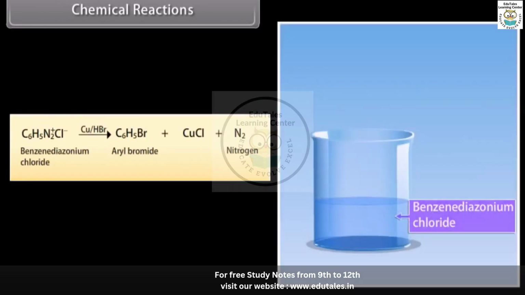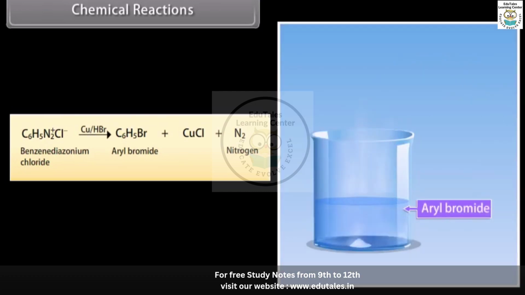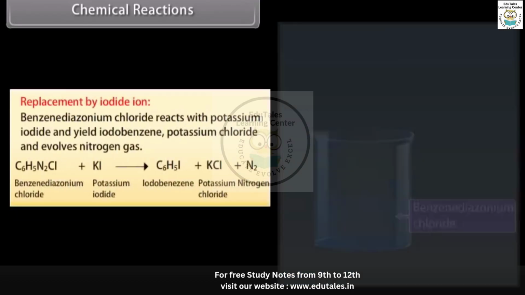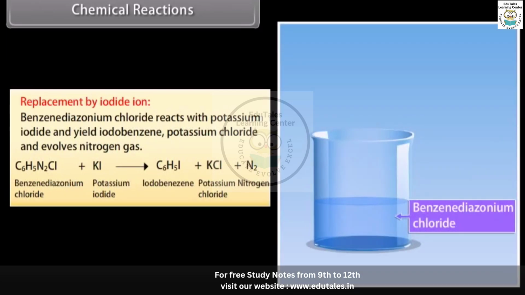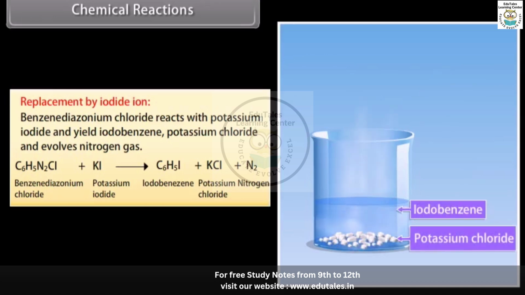With hydrogen bromide and copper powder, it yields aryl bromide, cuprous chloride, and liberates nitrogen gas. Replacement by iodide ion. Benzene diazonium chloride reacts with potassium iodide and yields iodobenzene, potassium chloride, and evolves nitrogen gas.